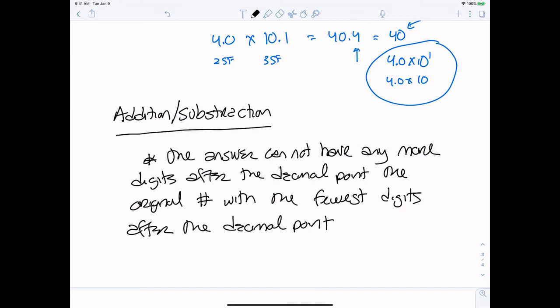So it's not the actual number of sig figs. Again, it's the number of digits after the decimal point.